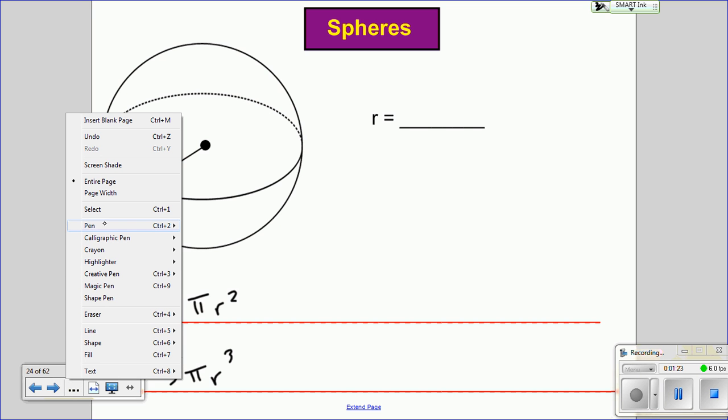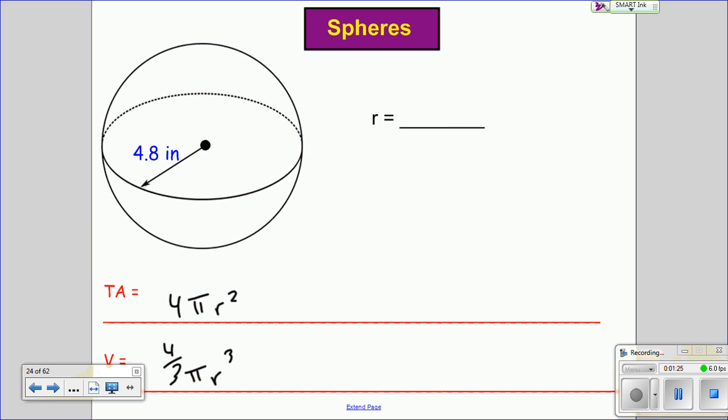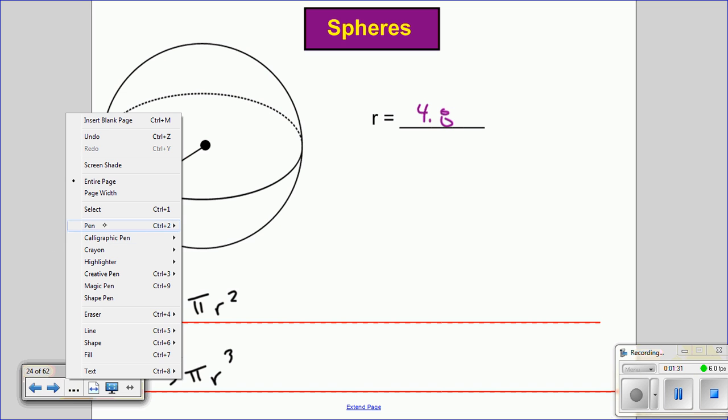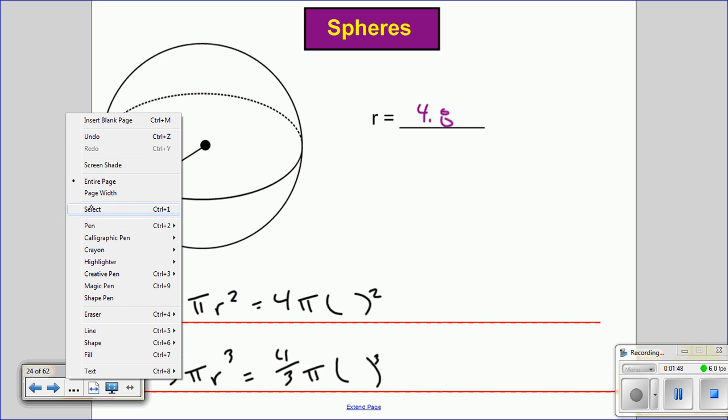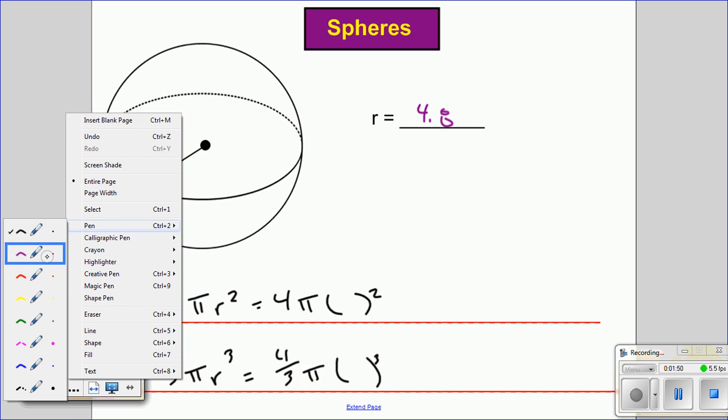Alrighty, the radius of my sphere is 4.8. So I just need to plug it in its appropriate space in both formulas.